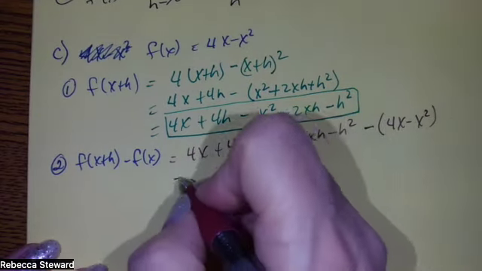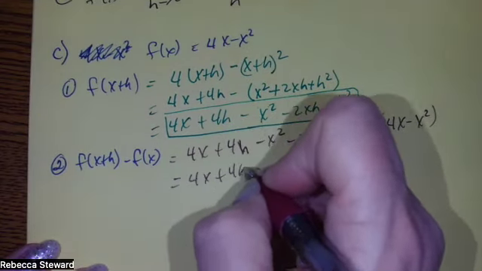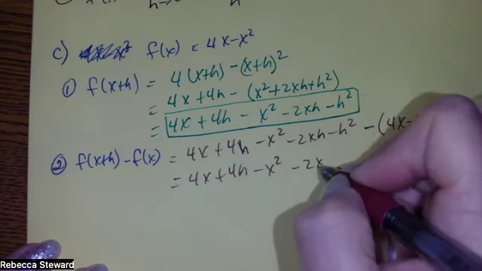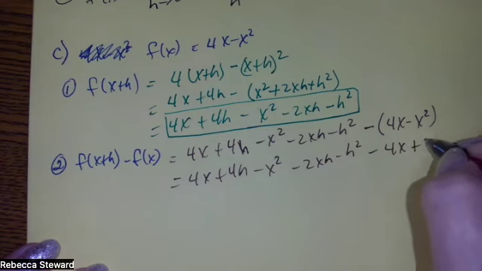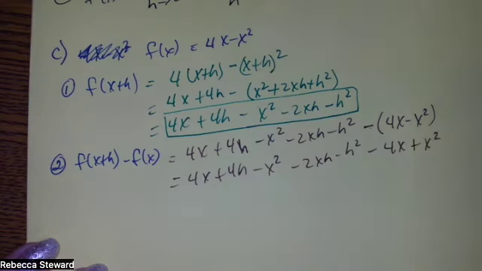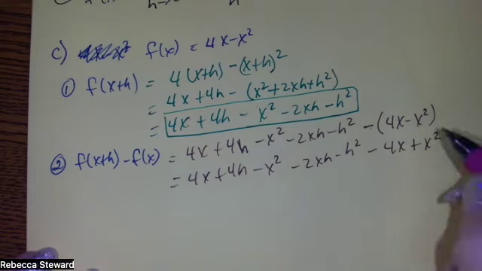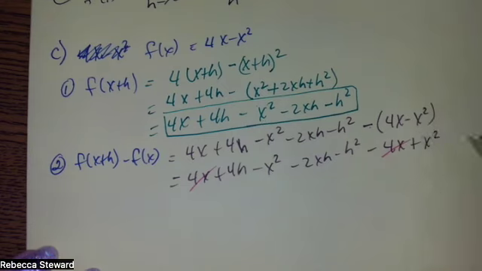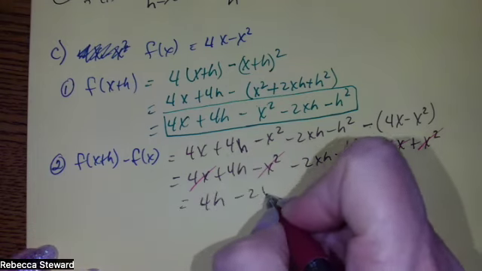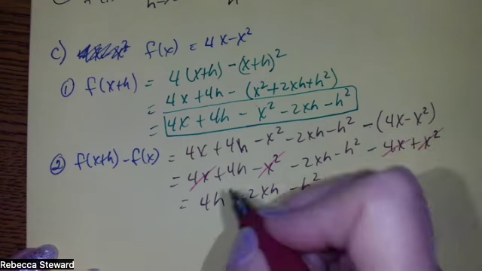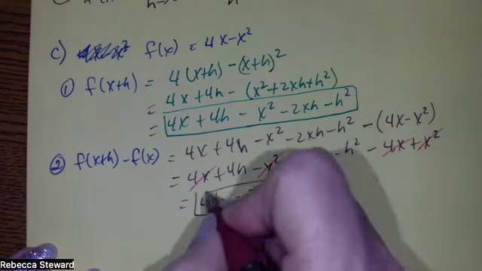Let's distribute that negative. We get 4x plus 4h minus x squared minus 2xh minus h squared minus 4x plus x squared, because again, a negative times a negative will get us a positive. And those are going to do some canceling again. We have positive 4x, negative 4x, a negative x squared, and a positive x squared. So that leaves us with our 4h minus 2xh minus h squared for this portion.